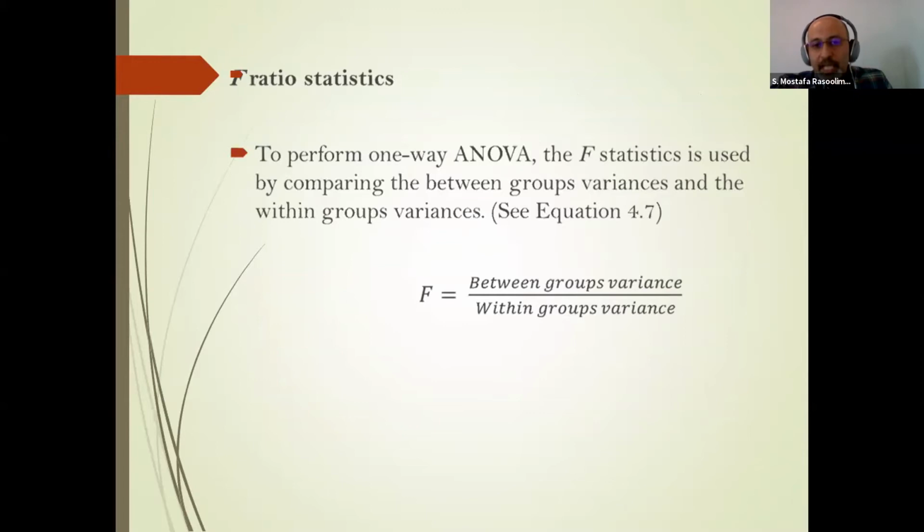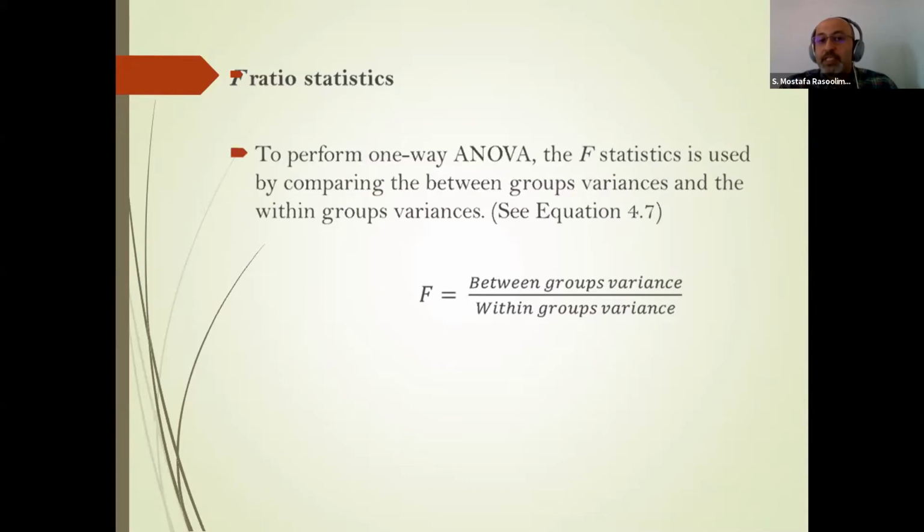If this F value is very low, it means variation between groups is lower than variation within groups. So there should not be a significant difference between groups. Or if this is very close to 1, it means variance between groups and within groups should be similar, should be the same.